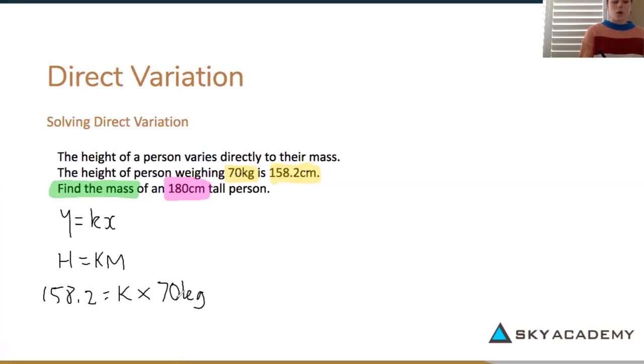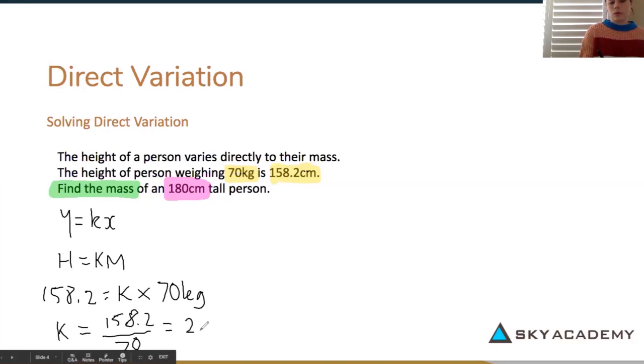Let's now solve this for k. To get k by itself, we're going to do 158.2 divided by 70, and that will give us the answer of 2.26. So k, our constant, is going to equal 2.26.